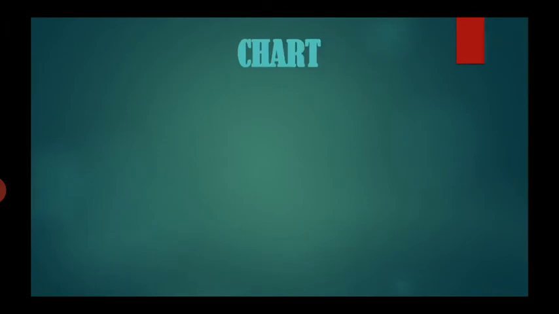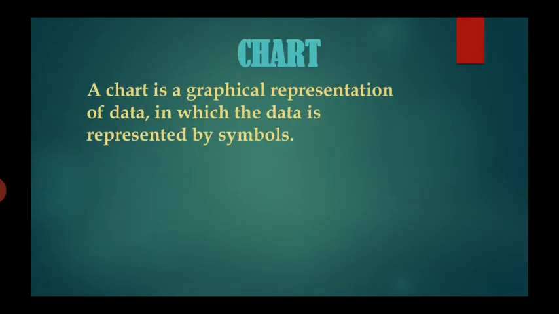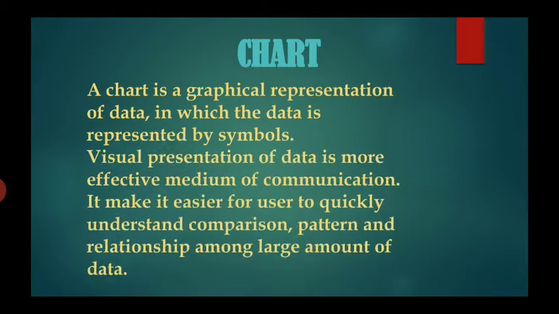What is a chart? A chart is a graphical representation of data in which the data is represented by symbols. Visual presentation of data is a more effective medium of communication. So when we write the data, that particular data is converted into the form of graphs.